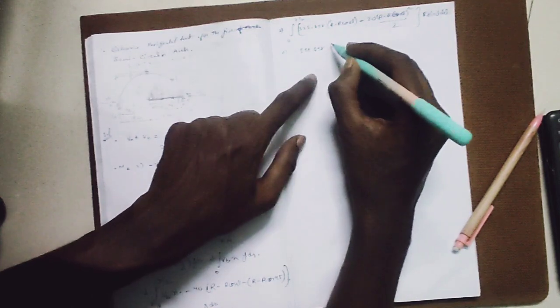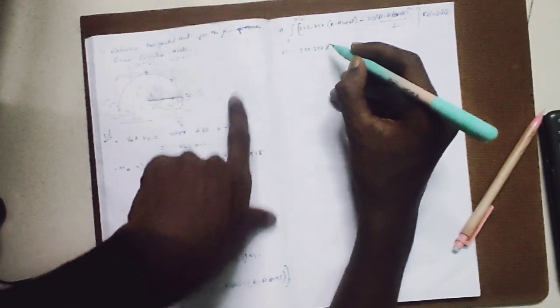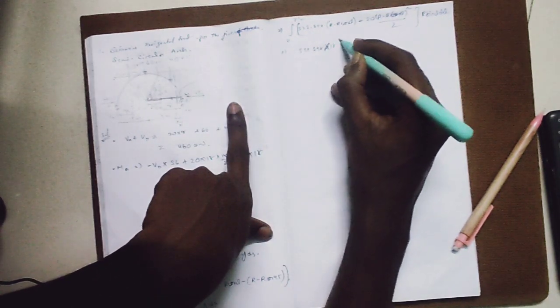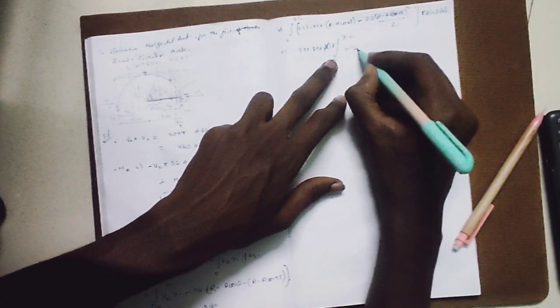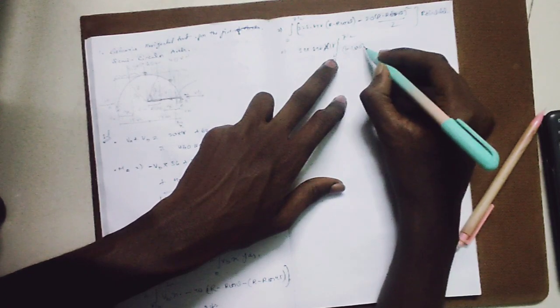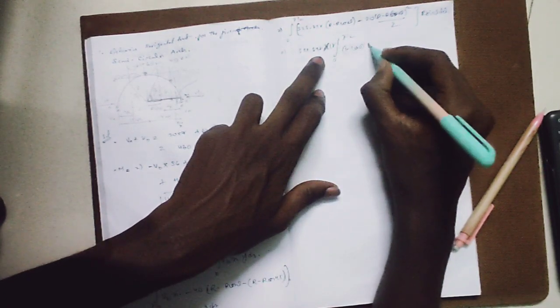325.858, r is 18 into 18, 0 to pi by 2, that is 1 minus cos theta into sin theta.